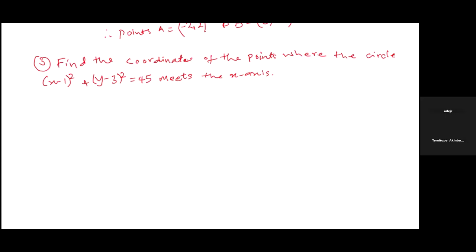Find the points where the circle meets the x-axis. So I've written down the question. Yeah, solve that. Find the points where the circle x minus 1 squared plus y minus 3 squared equals 45 meets the x-axis.